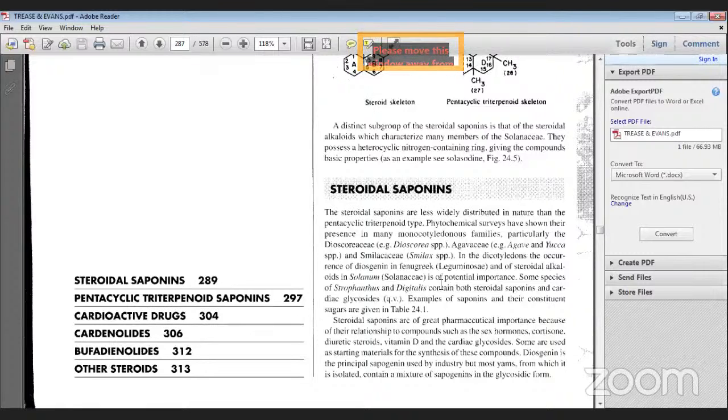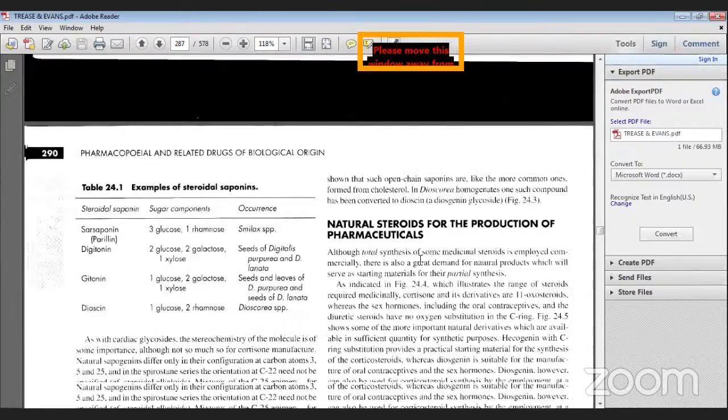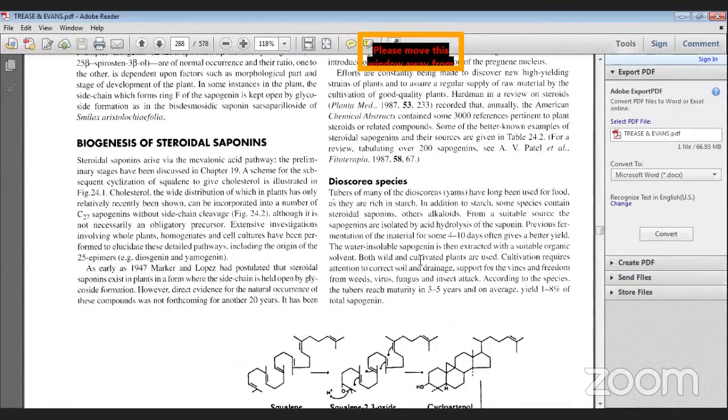Firstly, we discuss the Dioscorea. Mainly the steroidal saponins are not widely found in nature.